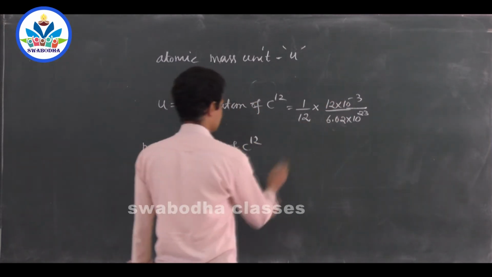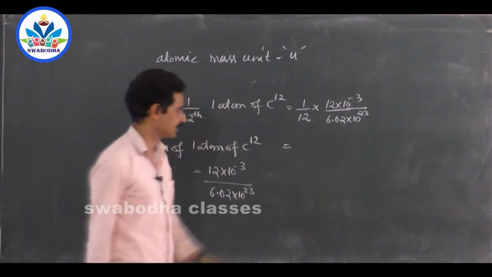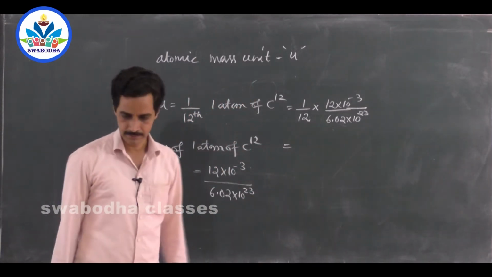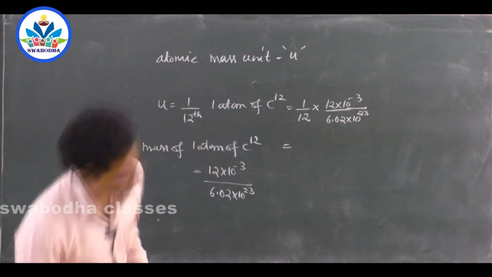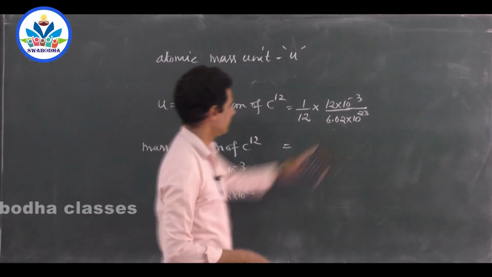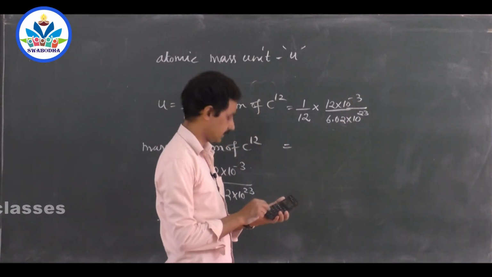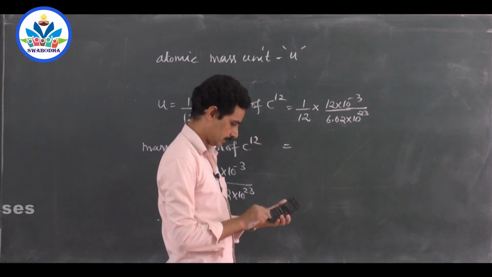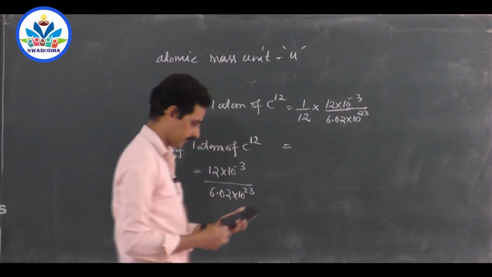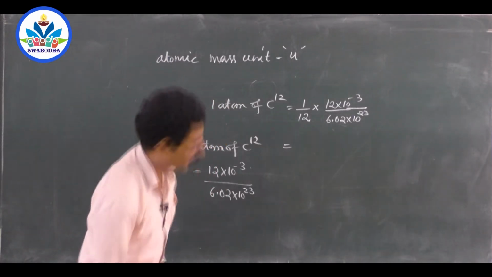So what is this answer? If you calculate this, 1 by 6.02, the 12 will cancel, and this will be 10 to the power minus 26, and 1 by 6.02 will be 0.166. Later digits I don't write.